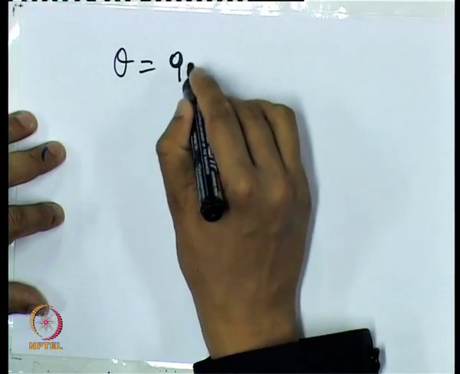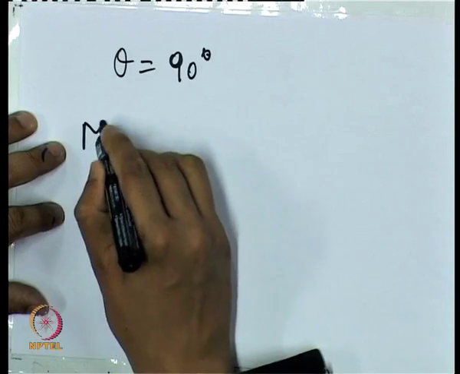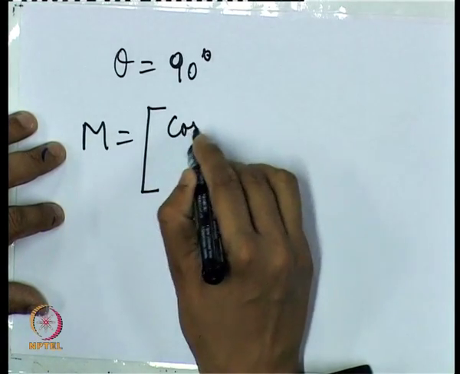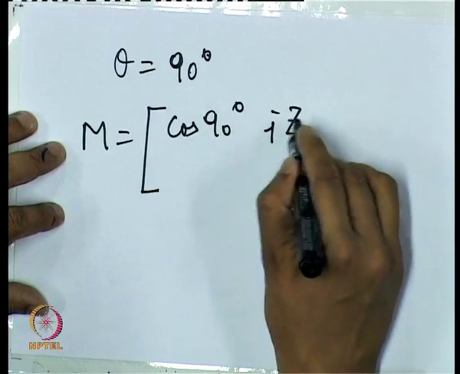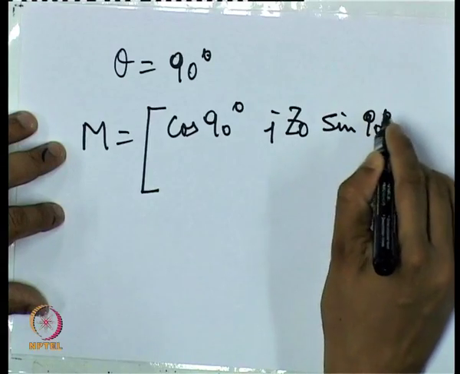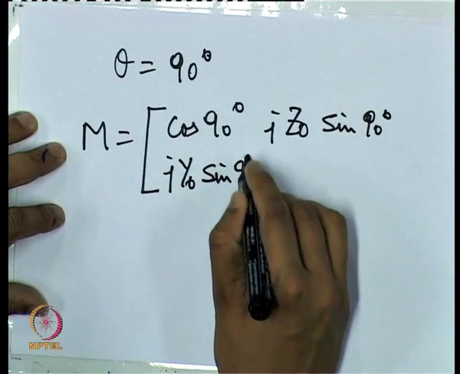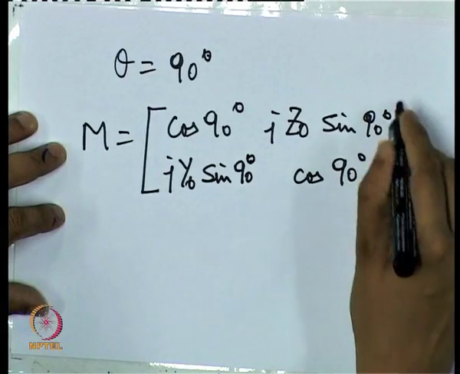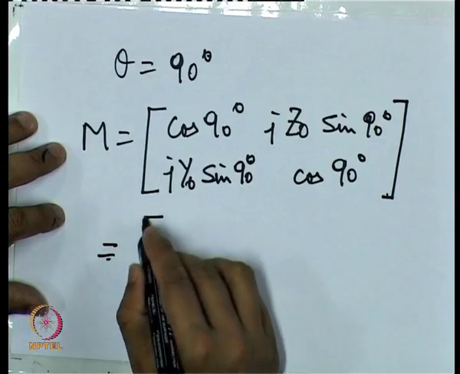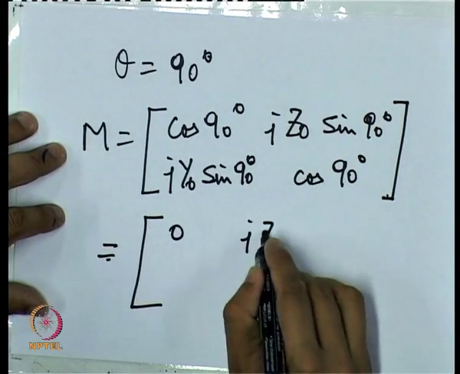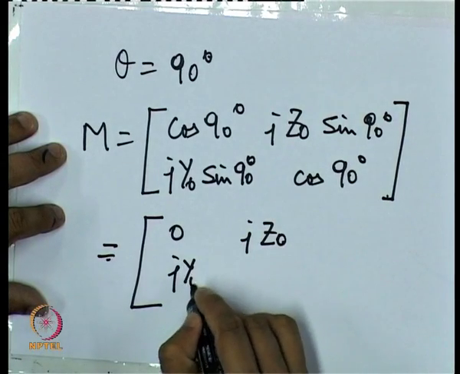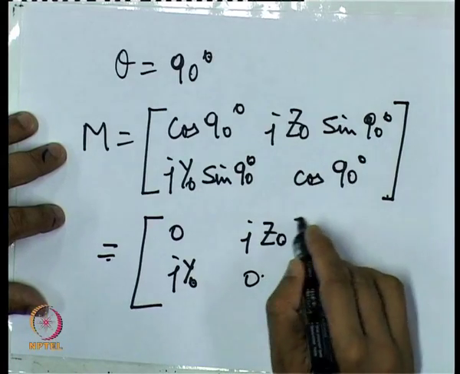Proceeding similarly to find the ABCD parameters of a quarter wave transformer, we know that for a quarter wave transformer theta is equal to 90 degrees, and therefore the ABCD matrix will be cos 90 degrees, j Z0 sin 90 degrees, j Y0 sin 90 degrees, cos 90 degrees, and this simply turns out to be this.